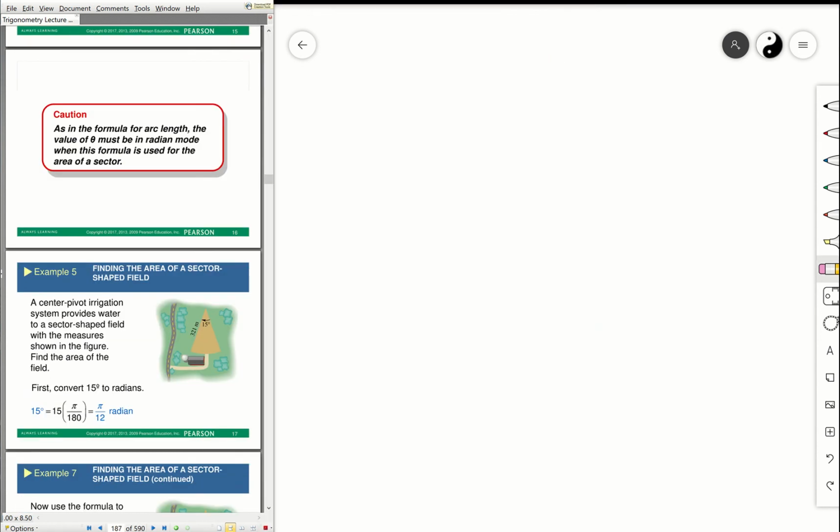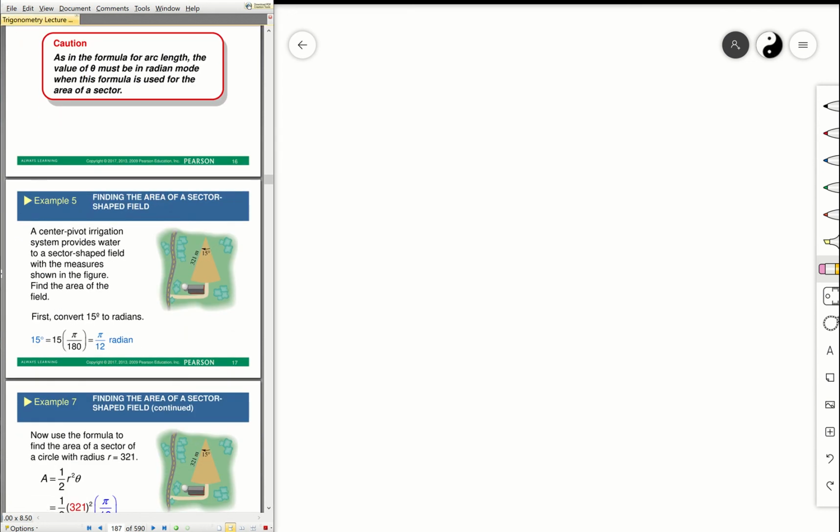Okay, let's go ahead and wrap up this section by taking a look at one last problem. It's a word problem, but it's a very simple one. Notice example 5 on the left of your screen: you have a center pivot irrigation system which provides water to a sector-shaped field with the measures shown in the figure.